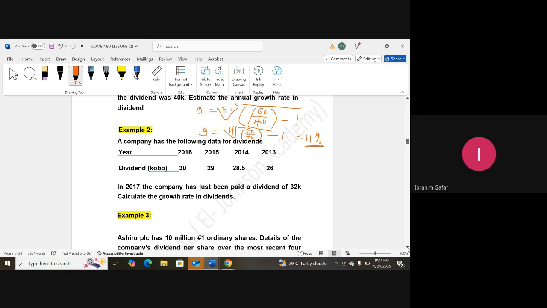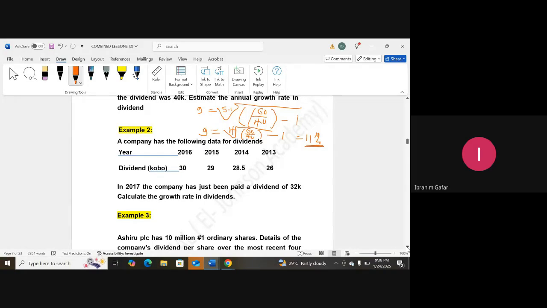So let's read it together once again. A company has the following data for dividend. So this data that the examiner is giving to you, we call it what? Historical data, that's why they call it the data.